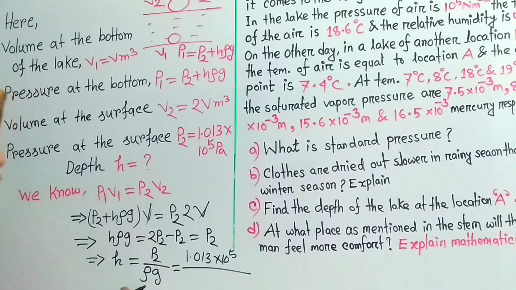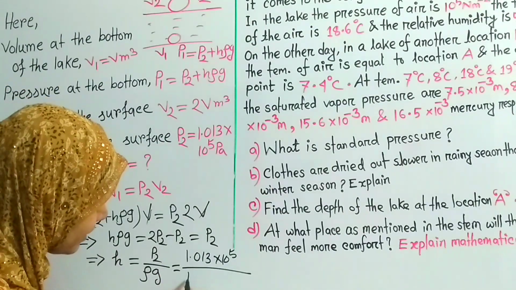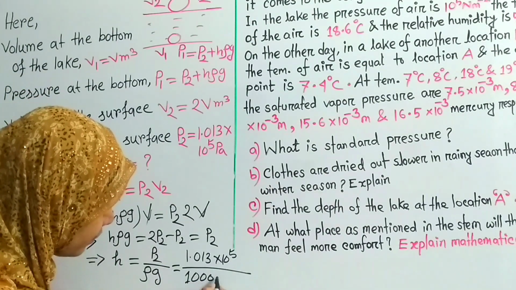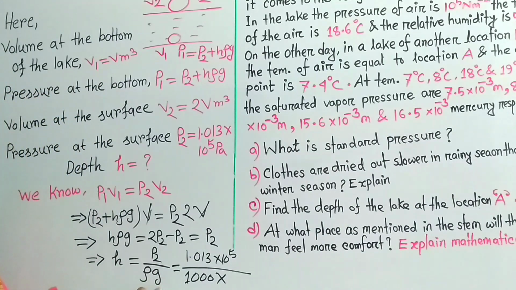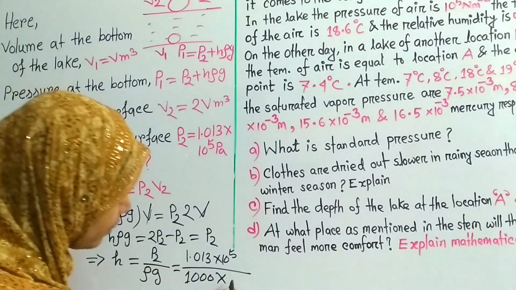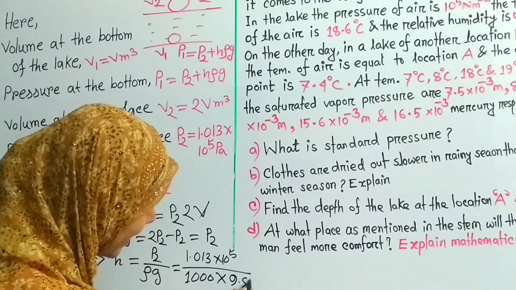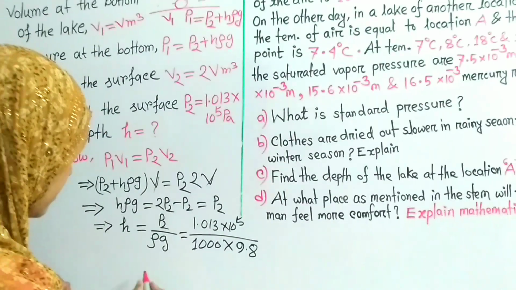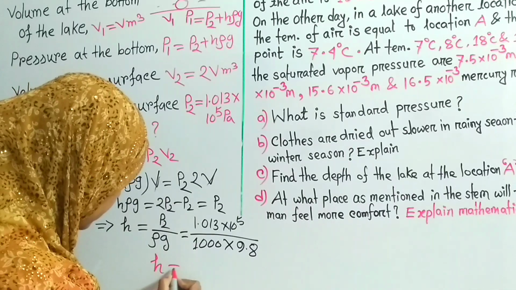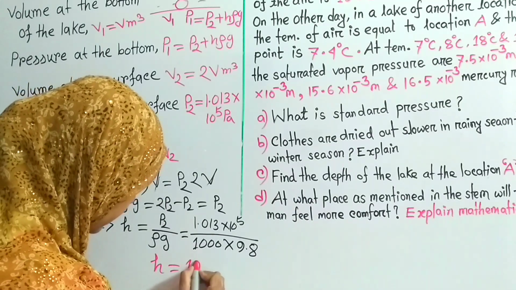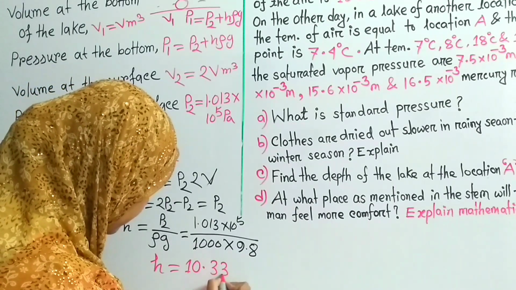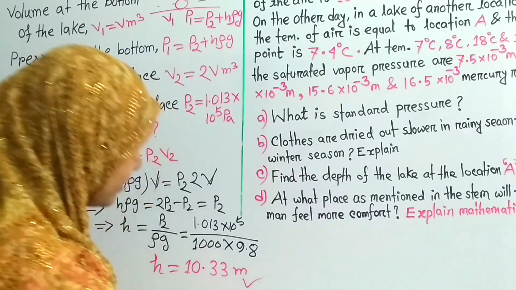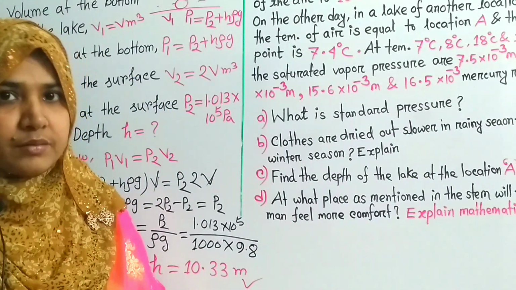Rho means the density of water, which is 1000, and G, the acceleration due to gravity, is 9.8. Calculating it, you will get the value of H as 10.33 meters, and this is the answer of question number C.